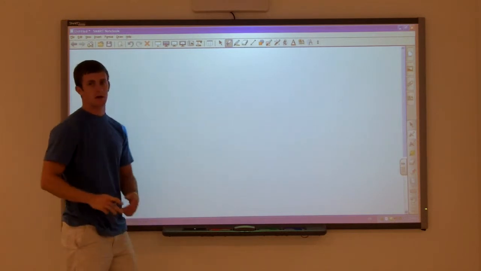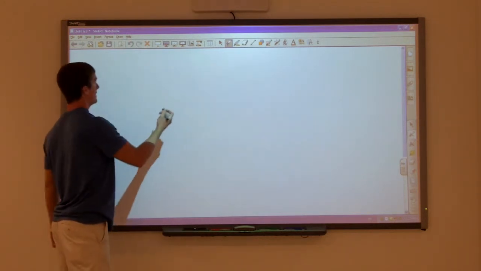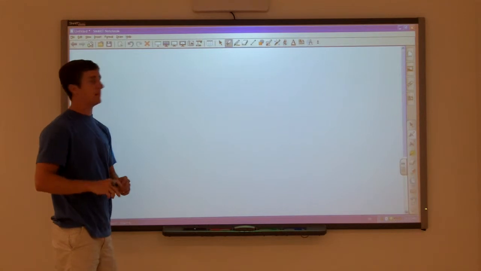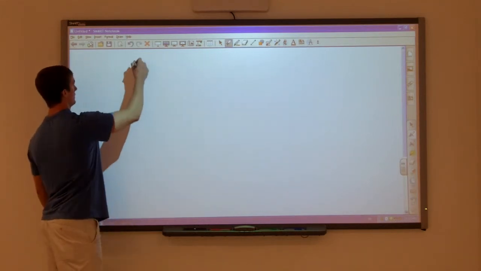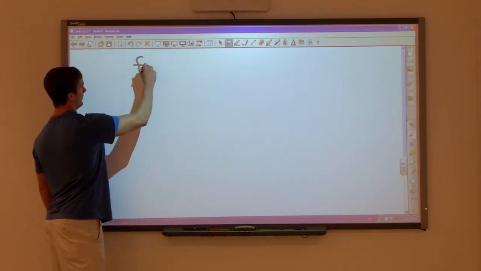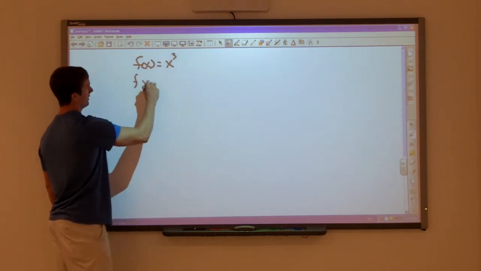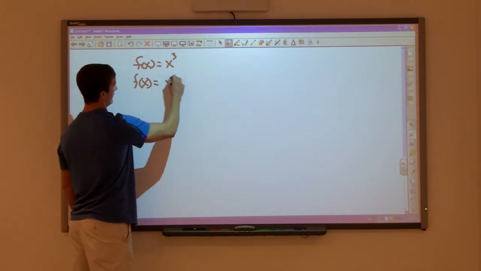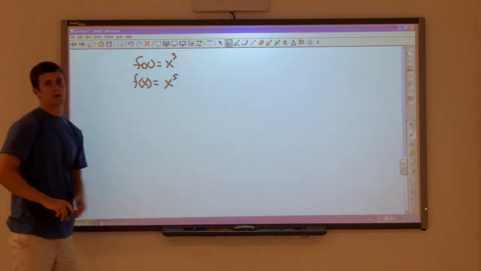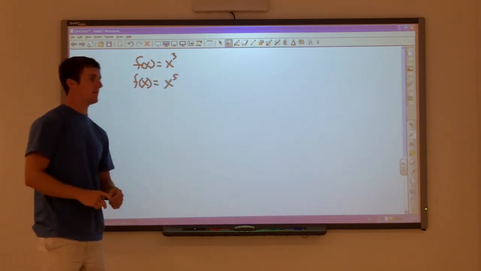Our first rule, like our other, is that any polynomial raised to an odd power is going to be an odd function. So again, if f of x equals x cubed, or f of x equals x to the 5th, all of these functions raised to an odd power are going to be odd functions.